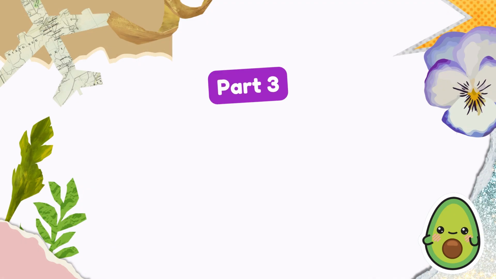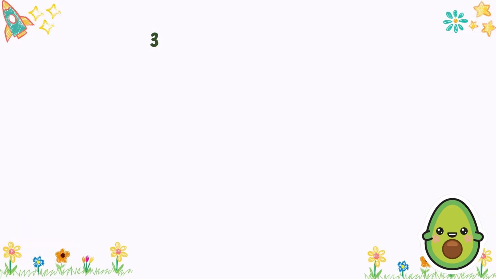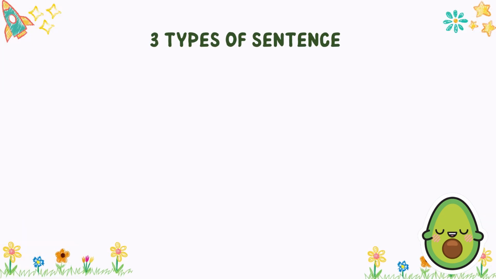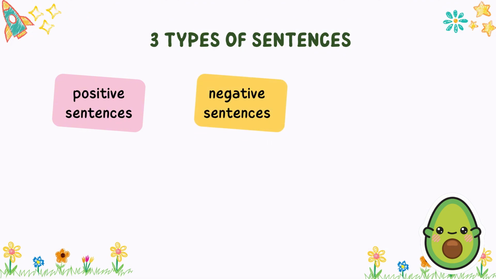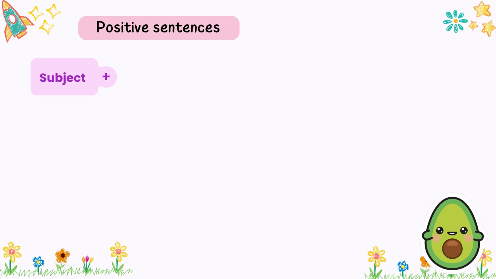Part 3. Form and formation. Okay, now let's see how to make the past perfect. It's super simple. For positive sentences, we make it with had plus past participle of the verb. Subject plus had plus past participle.